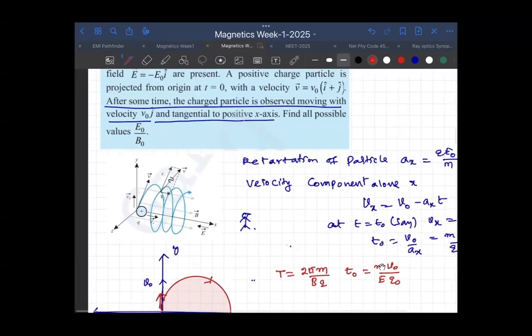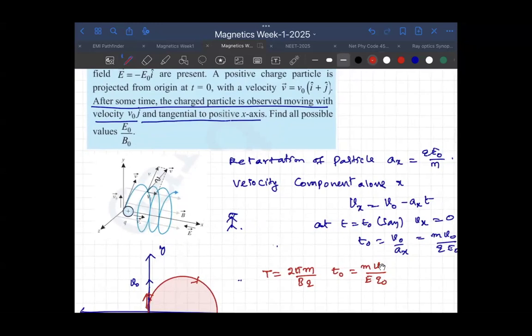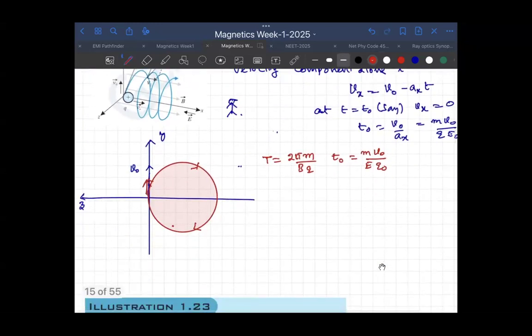In this question, with this data I can say this and this one are the same. See, there are different possibilities. One time period or even n time periods is also possible. It will come to the x-axis in the same way with its velocity parallel to y-axis.